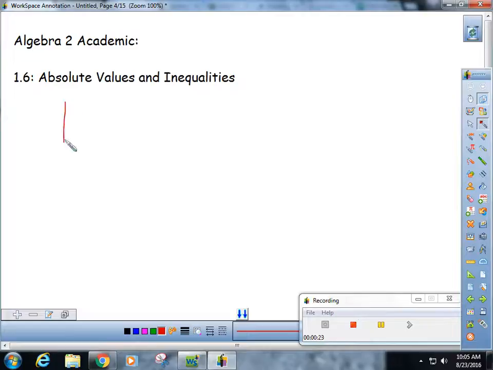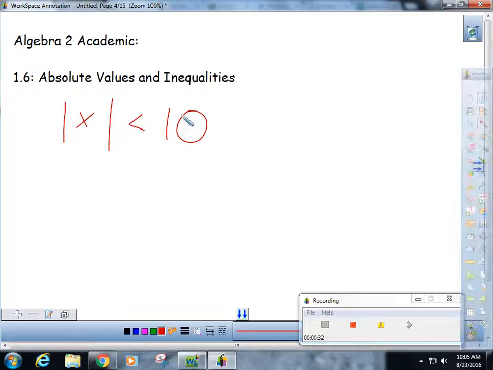All right, so look. Think of this problem right here. The absolute value of some number is less than 10. So there's a range of answers. There's obviously some answers that work and some answers that don't work. For example, would 20 work? Is the absolute value of 20 less than 10?